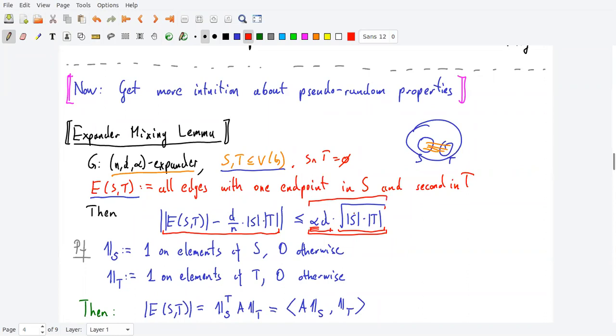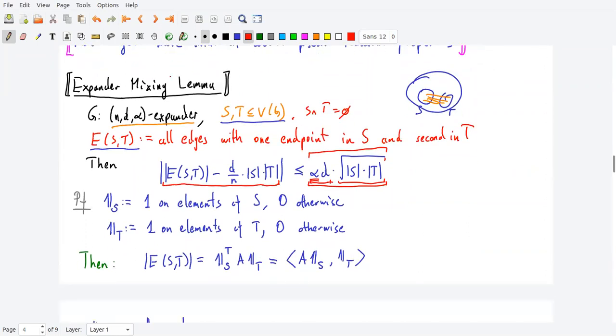The smaller is the difference between the pseudorandom behavior and the actual random behavior. Good. So this is the lemma that we are going to prove, and this proof will also show you a basic technique of proving things with expanders.